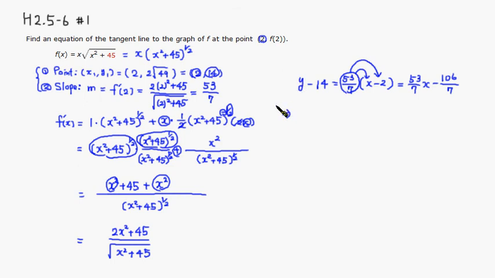Then our last step is to isolate y. We can just add 14 to both sides of the equation, so you have y isolated by itself.